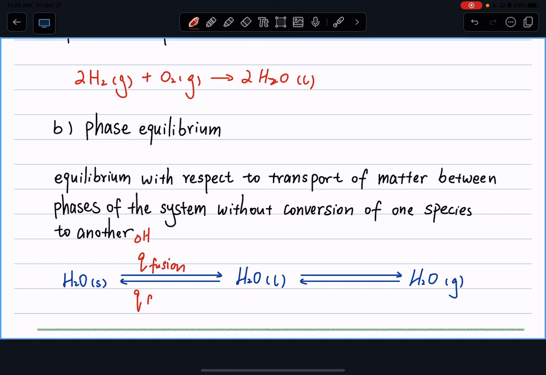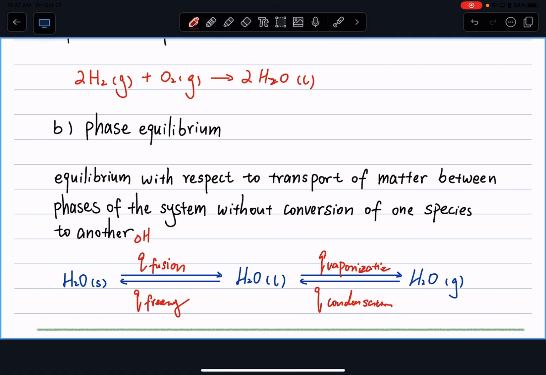And Q freezing, and also Q vaporization, and Q condensation. So that's just a quick refreshment of your memory.